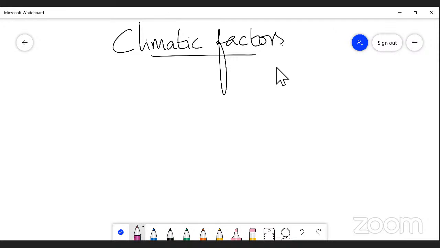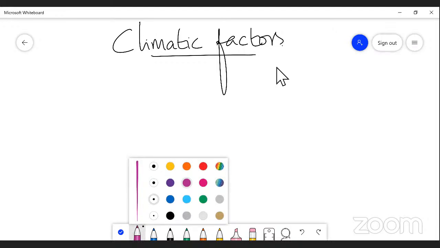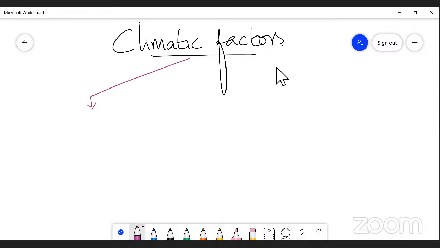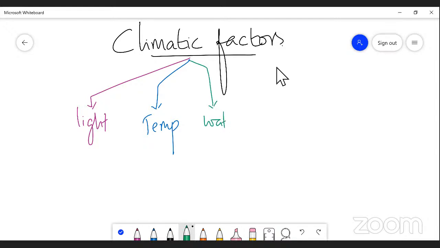Generally, what are climatic factors? How many factors are there? There are several factors. The first one is light, sunlight. Light is one of the important factors to be discussed. The second factor is temperature. The third one is water. Then the fourth one is wind.